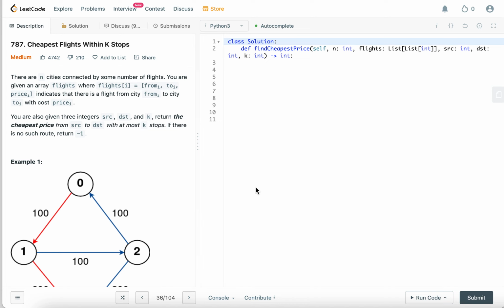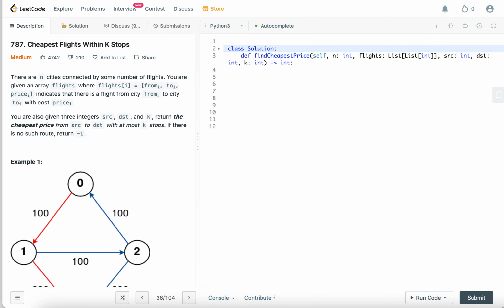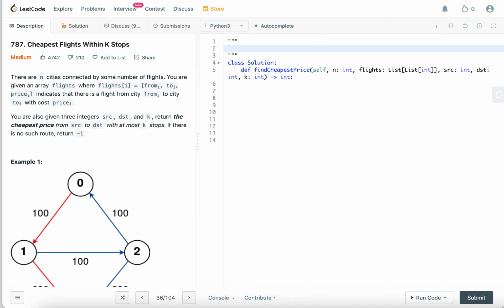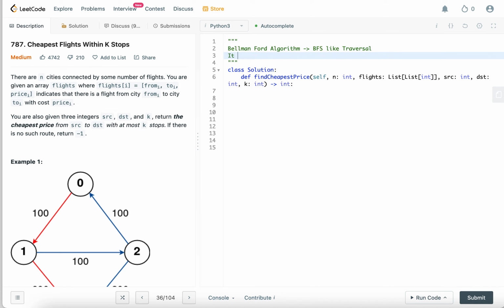Last time I did this question, cheapest flights within K stops, with the Dijkstra algorithm, and today I just want to introduce a different way to do this using an algorithm called the Bellman-Ford algorithm. The Bellman-Ford algorithm is similar to a BFS traversal, and it goes through the graph level by level.